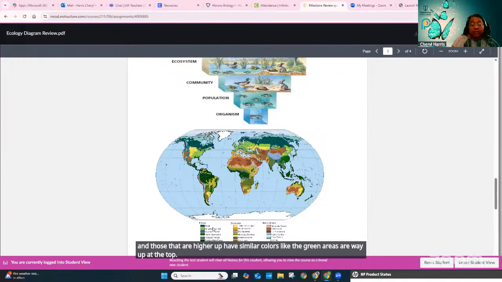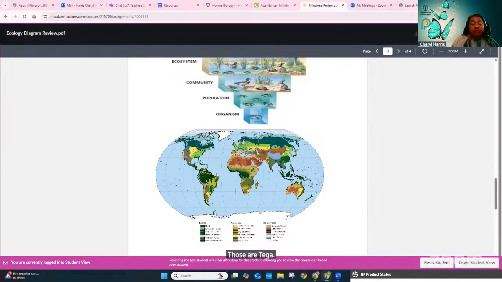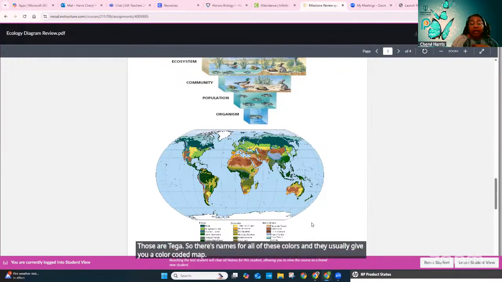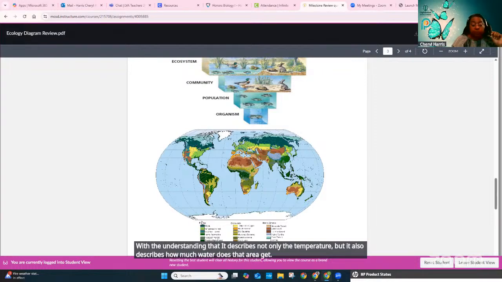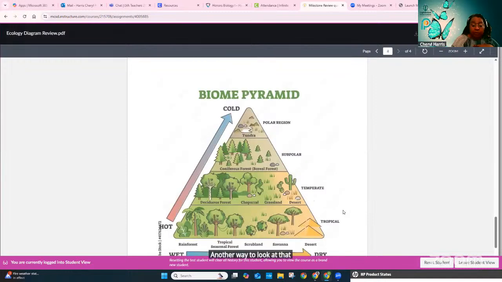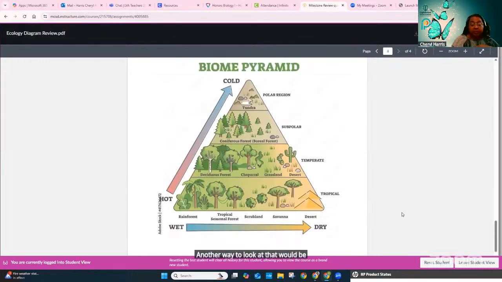Those are our taiga. There are names for all of these colors, and they usually give you a color-coded map, with the understanding that it describes not only the temperature, but also how much water that area gets.